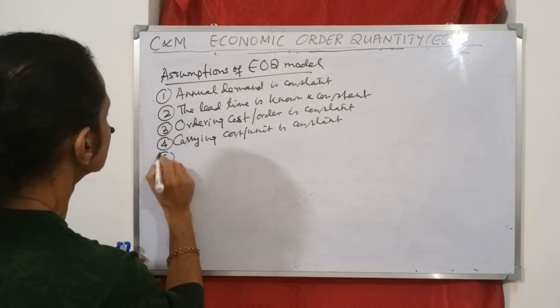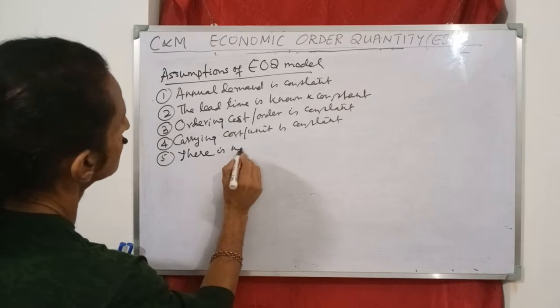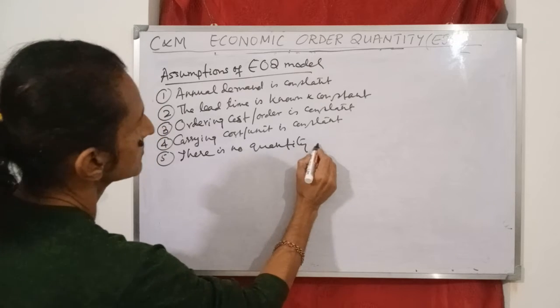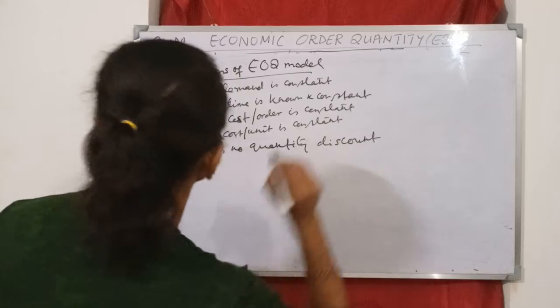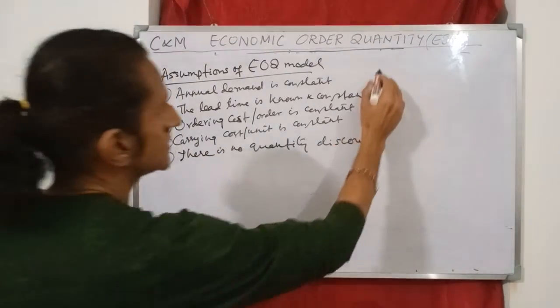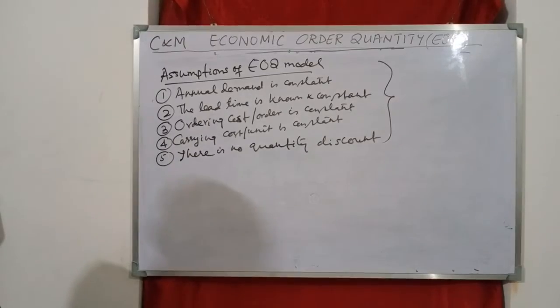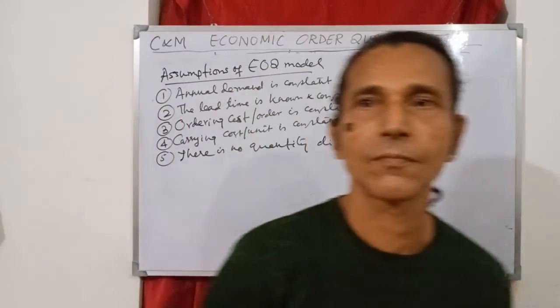Number 5, there is no quantity discount. The firm is not getting any quantity discount. So these are the assumptions on which the economic order quantity model is based, right?